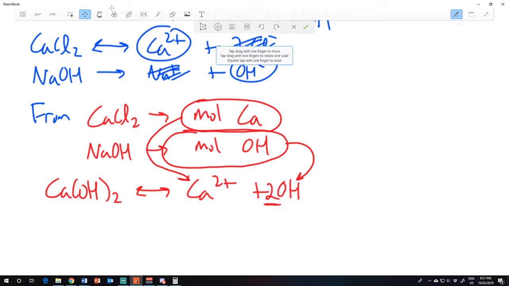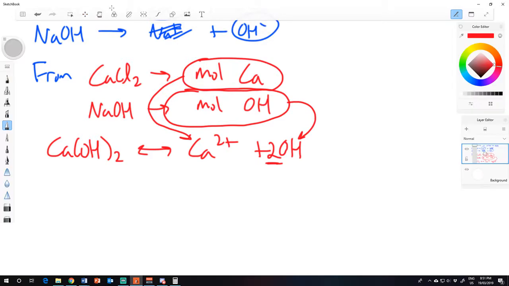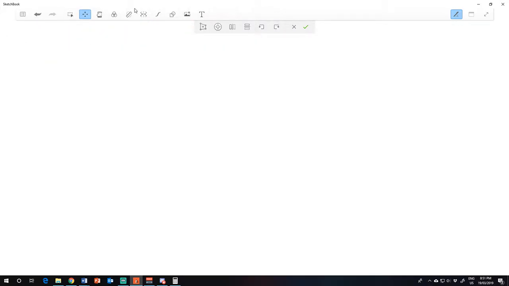So if I take my moles of hydroxide from the sodium hydroxide, that's the fixed number of moles, and that'll allow me to calculate the concentration. So let me just do that quickly. Let me rewrite all of this.